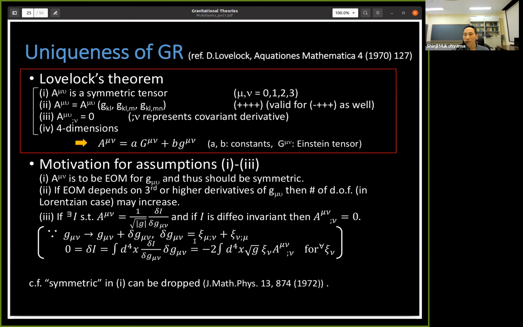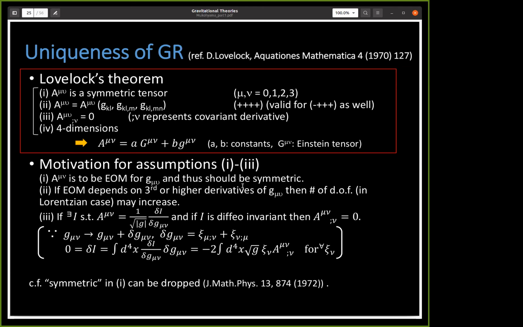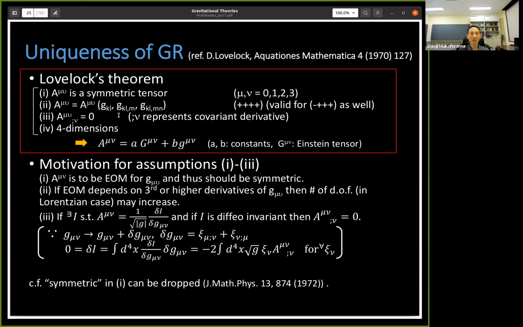Okay, questions? Please, go ahead. Ask your question. In assumption 2, I'm used to Latin indices being only spatial indices. No, this is a typo.